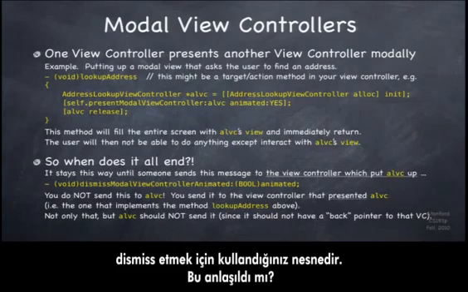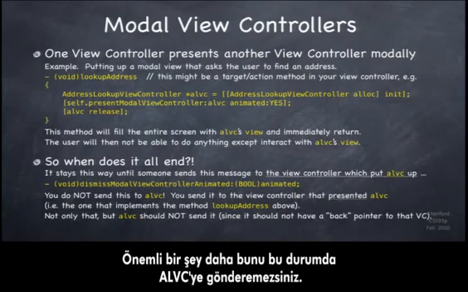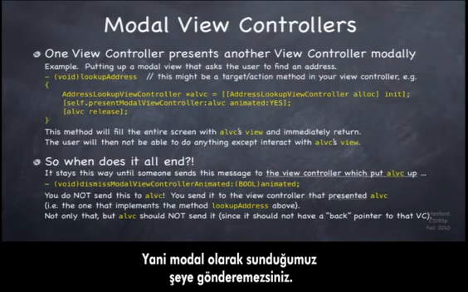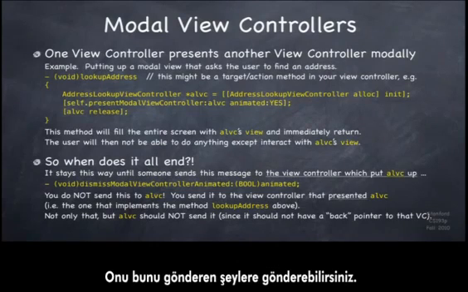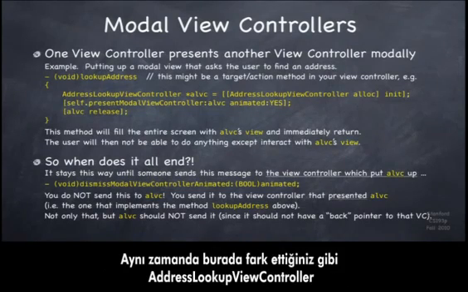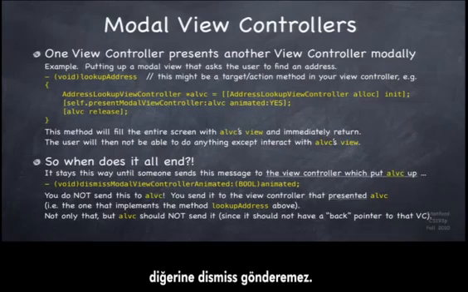Okay, that makes sense? Now, an important thing: you don't send this in this case to ALVC, the thing we're presenting modally. You send it to the thing that presented it. Also notice that the AddressLookupViewController, the thing that's up there modally, should not send dismiss to the other one.